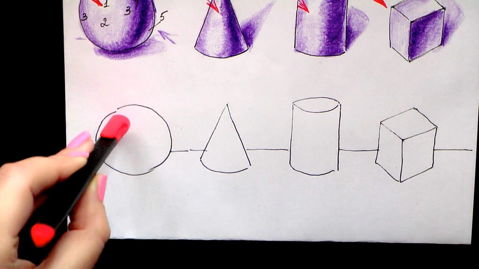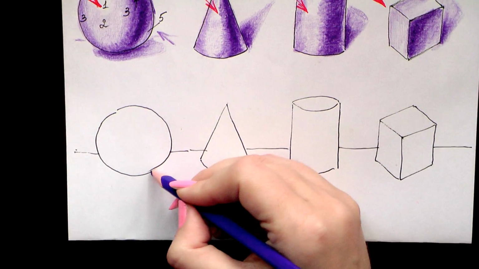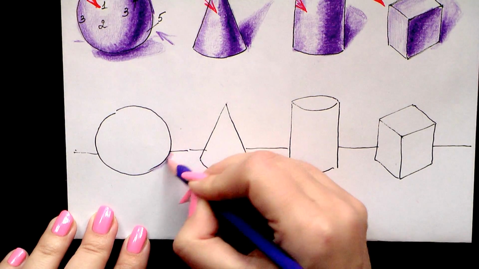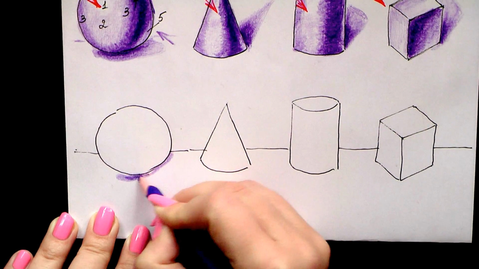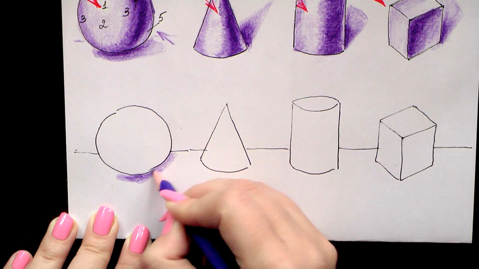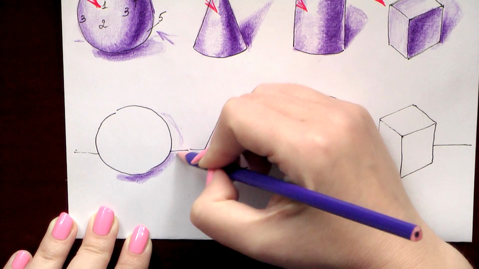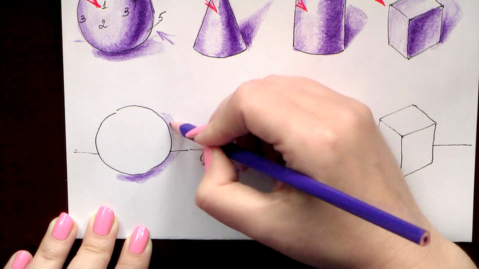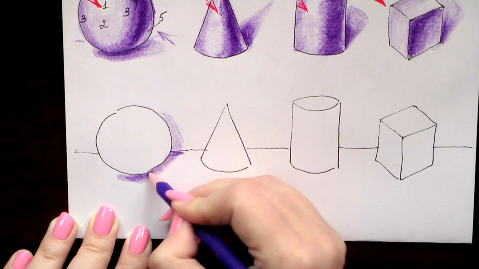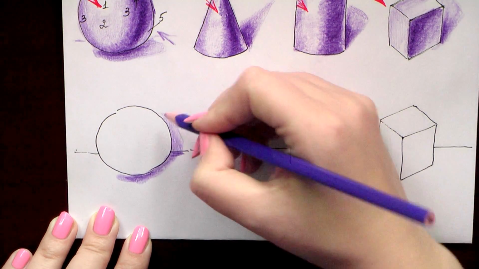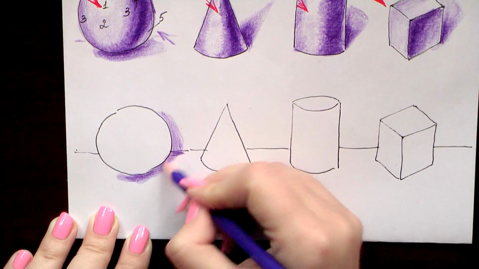Here we have the light. So the shadow will cover partly the background and partly the wall behind. So don't forget to add the shadows when you draw and color groups of objects.